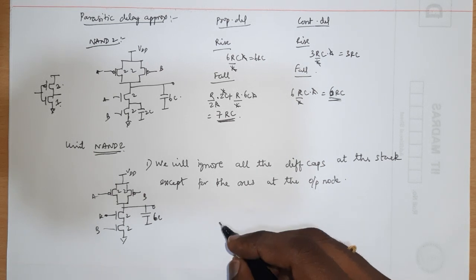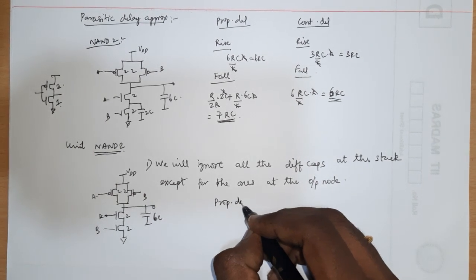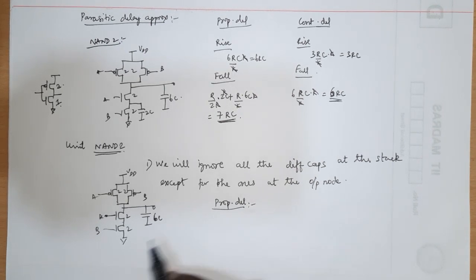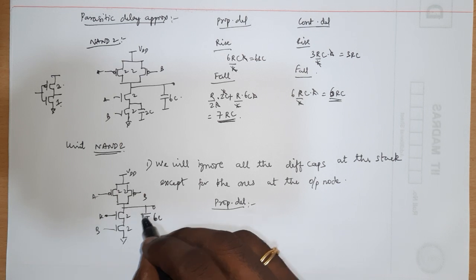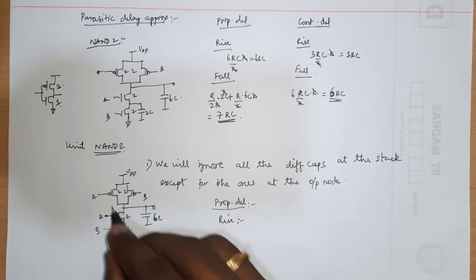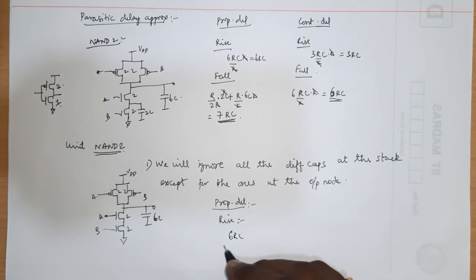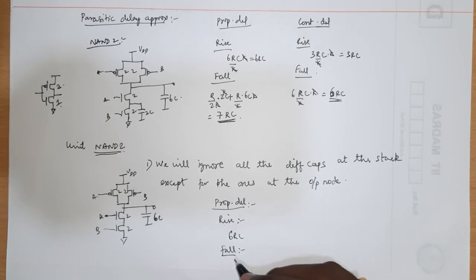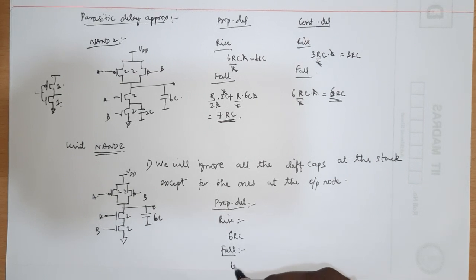In that case, calculate the propagation delay. So rise, one of the paths will be active, so R times 6C is 6 RC, and fall, both the paths will be active, so R by 2 times 6C is 6 RC.